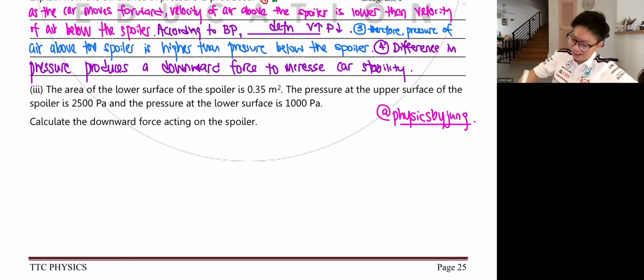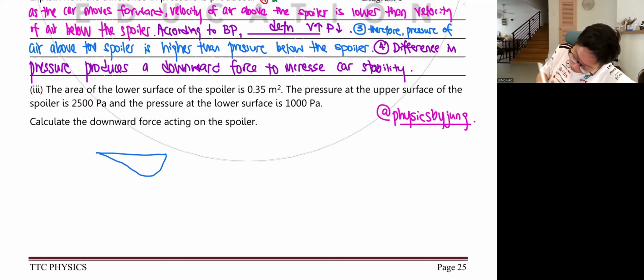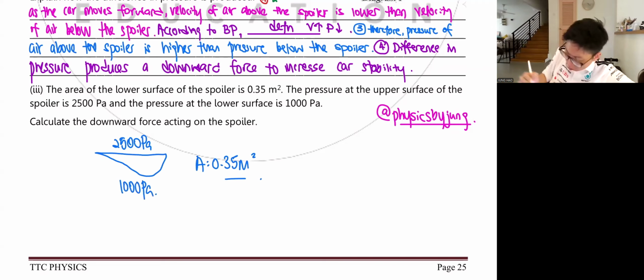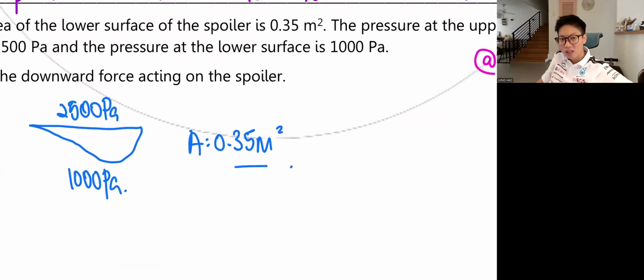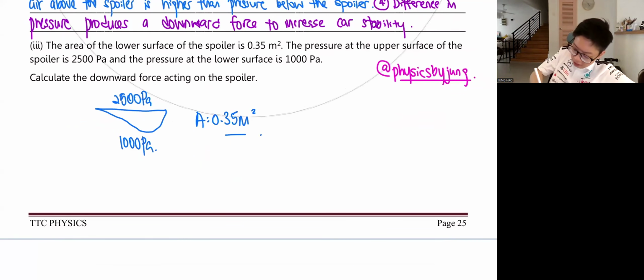Okay, let's continue. Last one, guys. So now the pressure. The area is 0.35 meters squared. The pressure above is 2,500 Pascal. The bottom is 1,000 Pascal. Calculate the downward force acting on the spoiler.